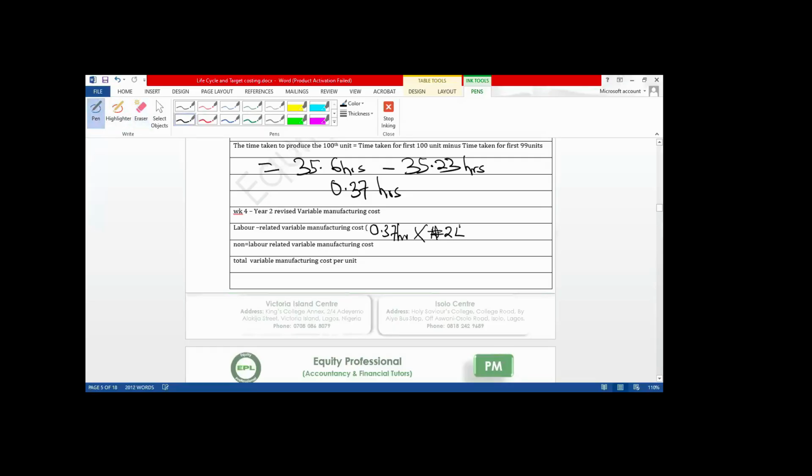That is the hour. You multiply this, then you pick the non-labor related variable manufacturing cost for year 2. That is 28.